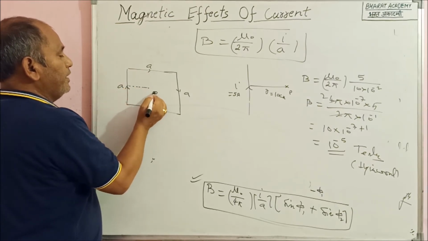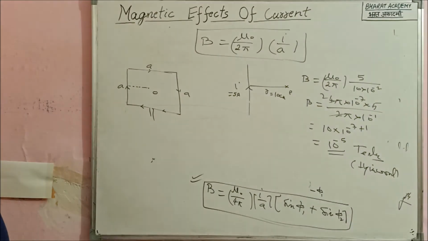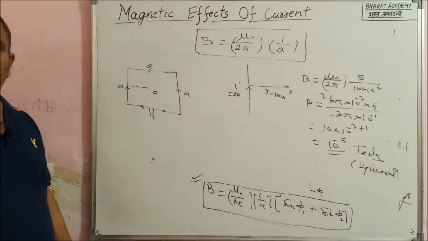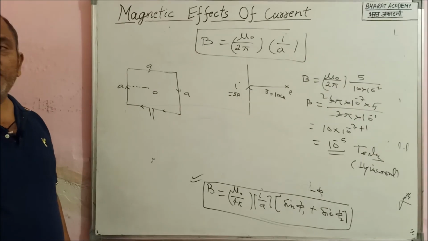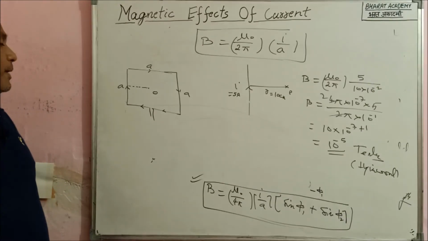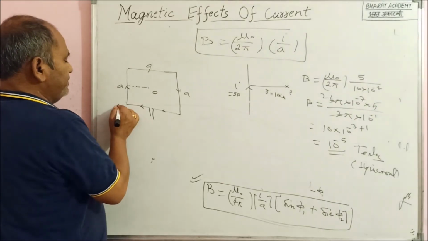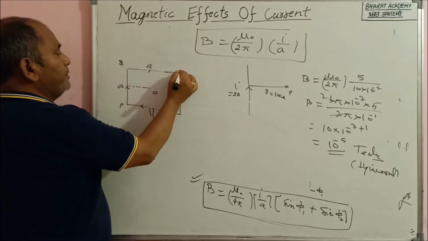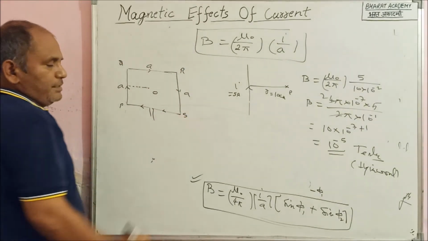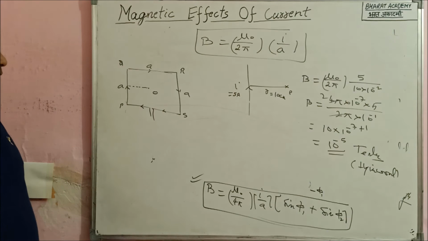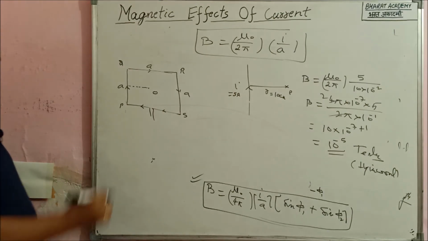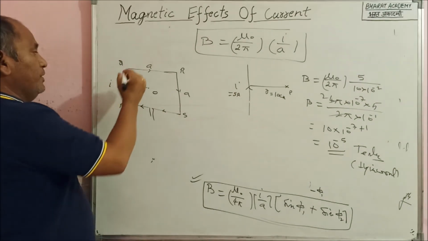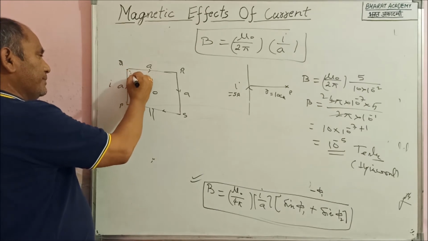We want the magnetic field at the center of this square. Let's name the corners P, Q, R, S. How to calculate the magnetic field produced by the PQ segment? Current I is passing.